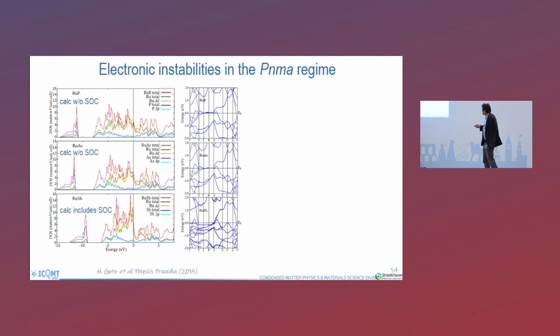Good. So in the high temperature metallic orthorhombic regime, there are electronic instabilities that are suspected to lead to this structural phase transition and electronic phase transition. Both arsenic and phosphorus variants have flat, degenerate, narrow bands close to the Fermi level, and the states that produce a high density of states at the Fermi level are of ruthenium 4d character.